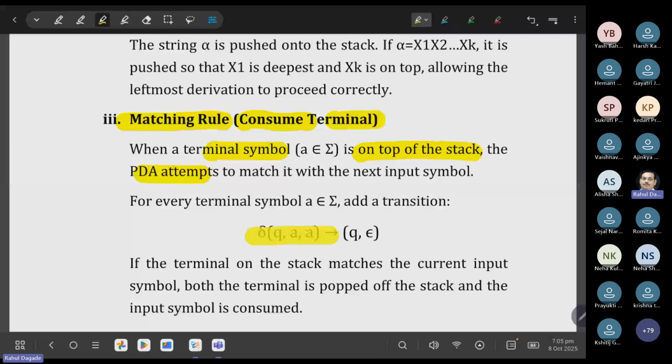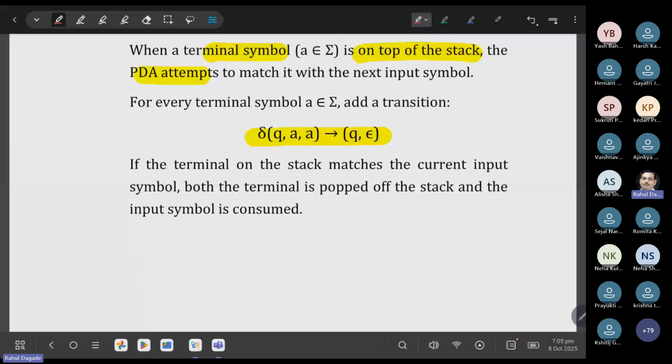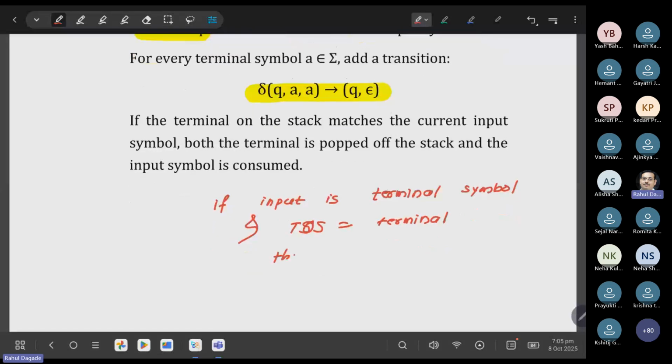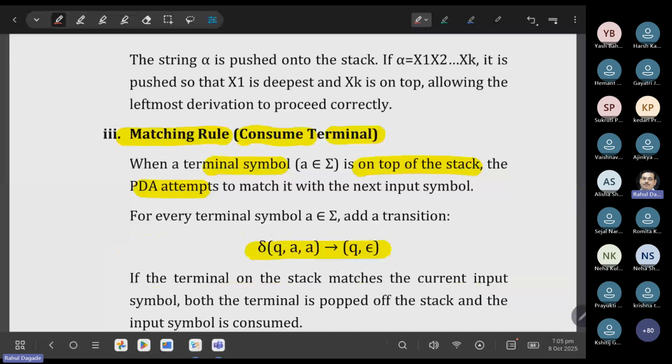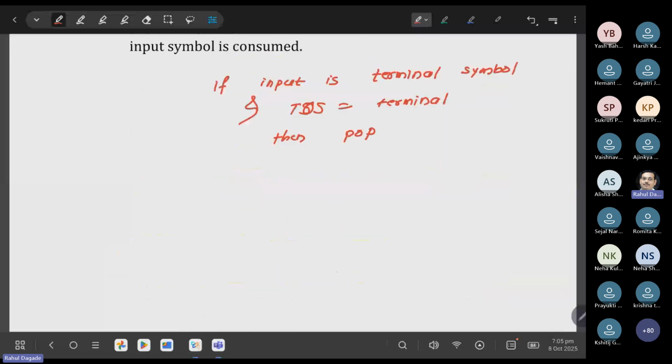So the rule is: if input is a terminal symbol and top of stack is also that terminal symbol, then pop the stack. Okay, so these rules are applied for conversion of CFG to PDA.